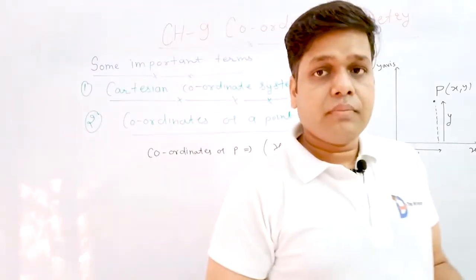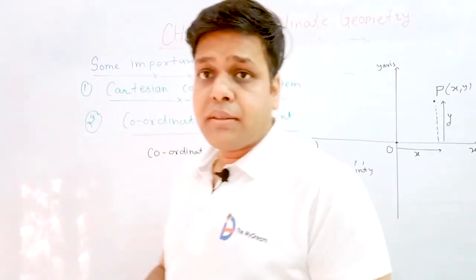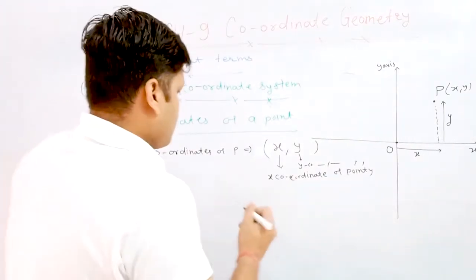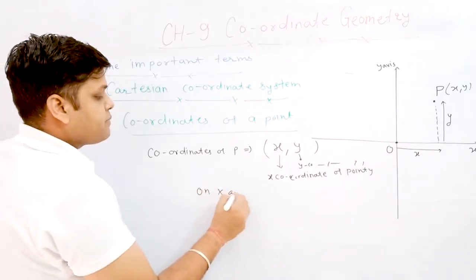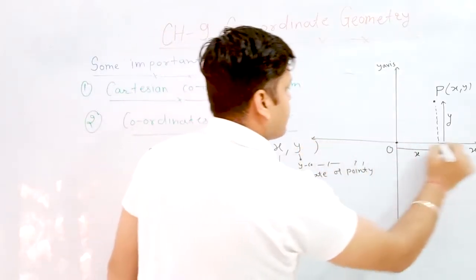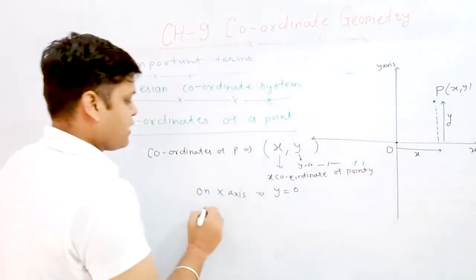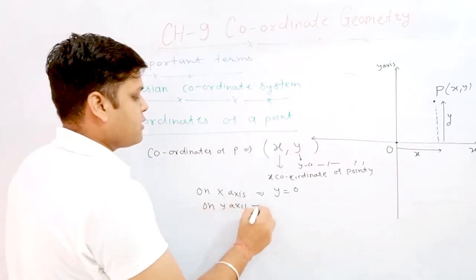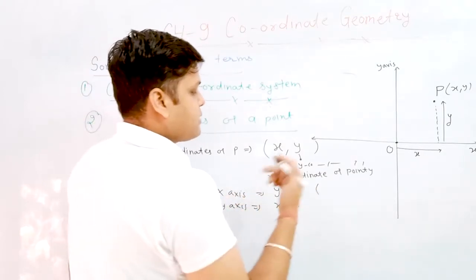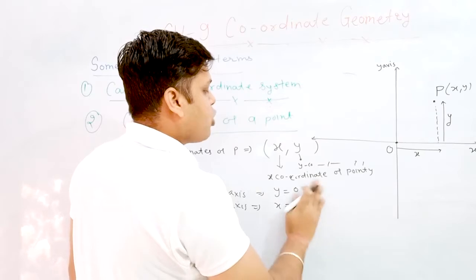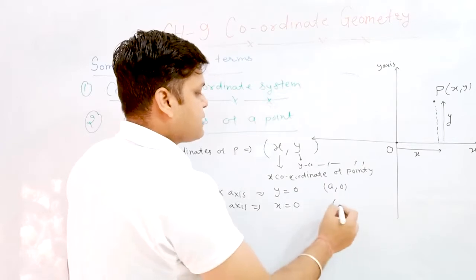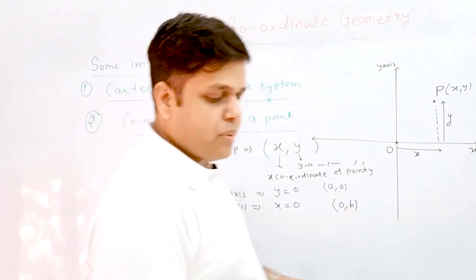Now, if we discuss some properties, on the x-axis the y coordinate is always 0 because here we cannot move in the y direction, and on the y-axis the x coordinate will be 0. It means on the x-axis, the coordinates of any point will be in the form (a, 0), and on the y-axis in the form (0, b).